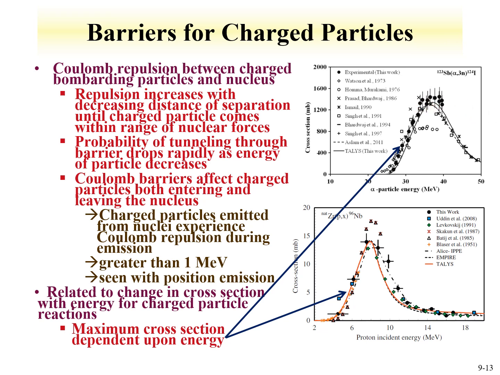So in the case of this reaction here, the antimony with an alpha particle, 3N out, and the iodine-124, an energy of around 35 MeV is the maximum, whereas this reaction where we have a proton on natural zirconium making niobium-96, the maximum energy for this reaction at the highest cross-section, which is only around, let's say, between 15 and 20 millibarns, is at 8 MeV.